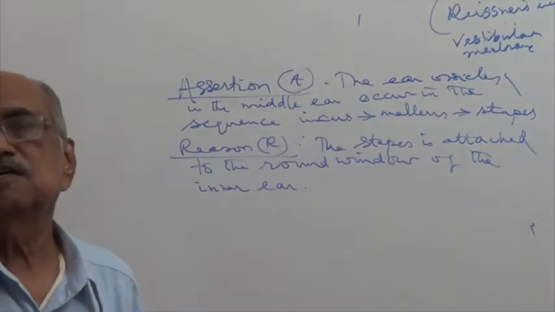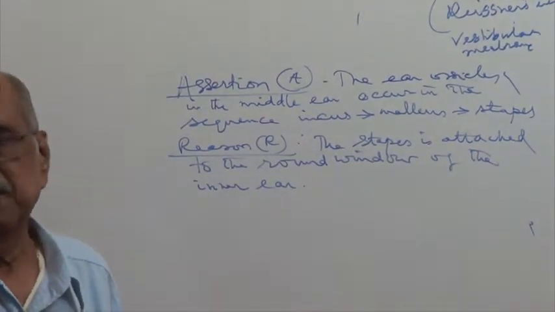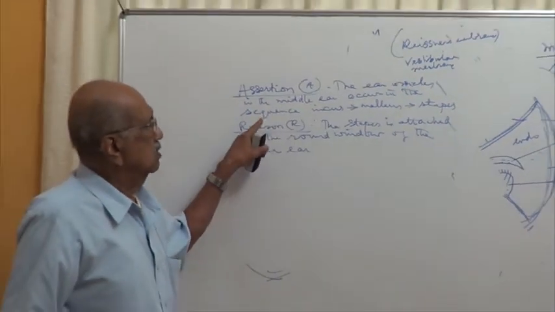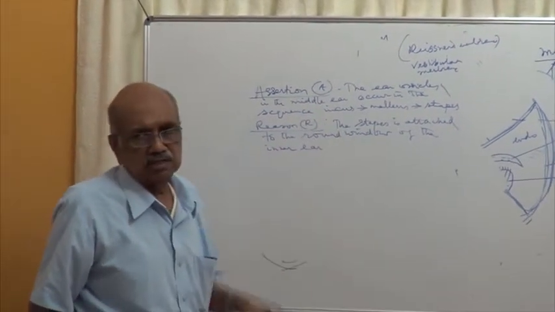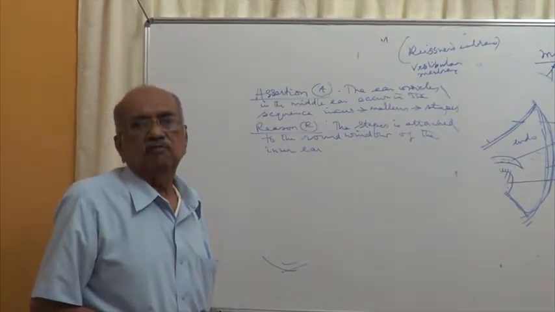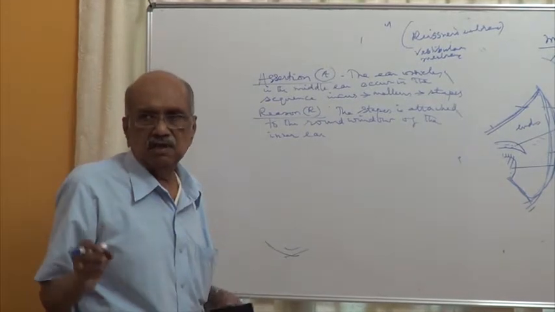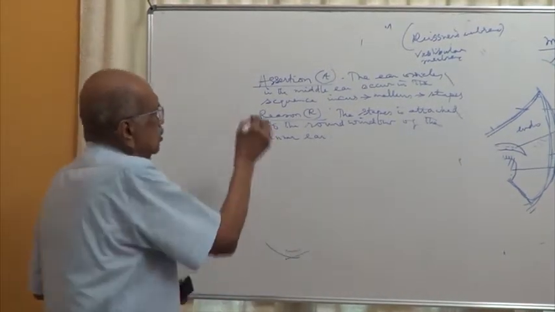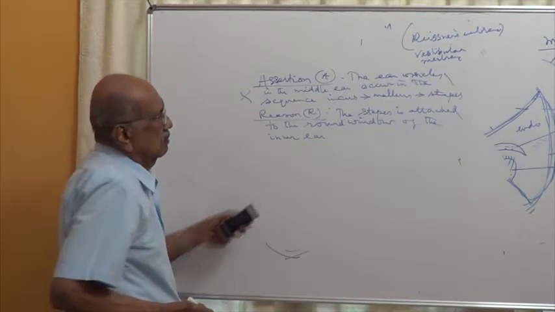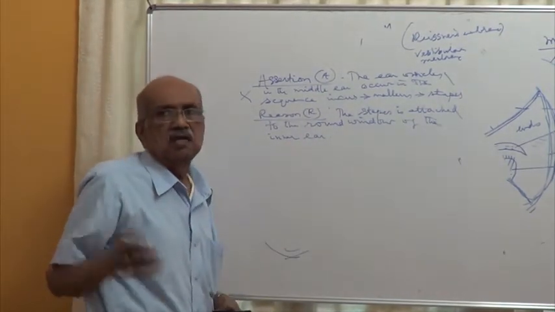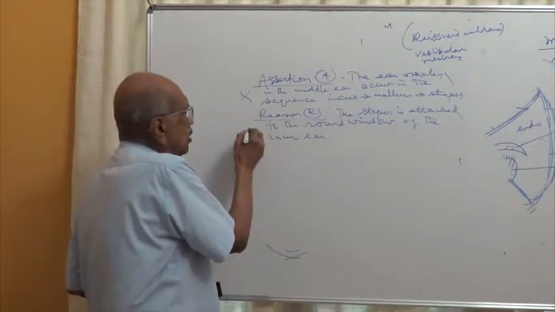How are these two statements? The ear ossicles in the middle ear occur in the sequence incus, malleus and stapes. The first is not incus; first is malleus, then incus, the third is stapes. So this statement is wrong. The stapes is attached to the round window of the inner ear; no, stapes is attached to the oval window.